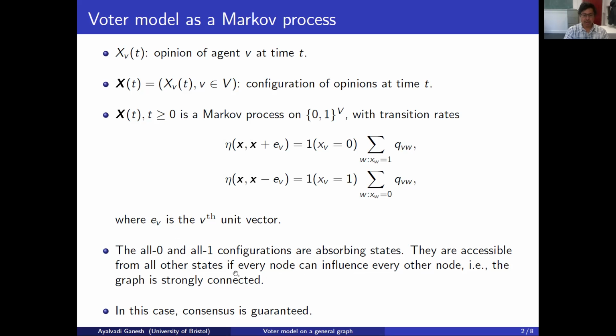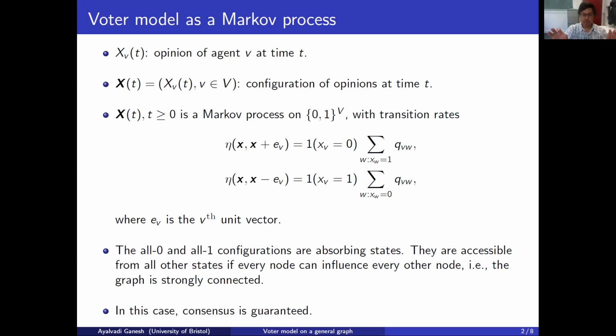So let me give you one counterexample. Suppose the graph consists of two disjoint pieces: a fully connected piece here and a fully connected piece here, and no edges between them. And suppose you start all the vertices in this piece in state 0 and all the vertices in this piece in state 1.